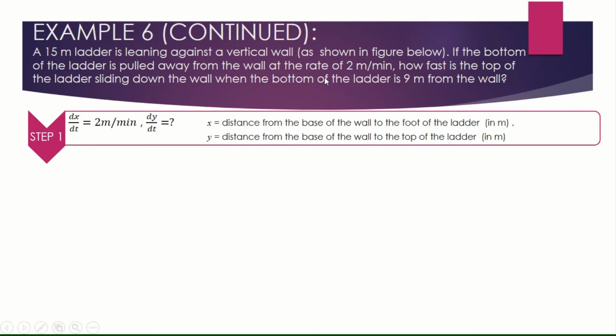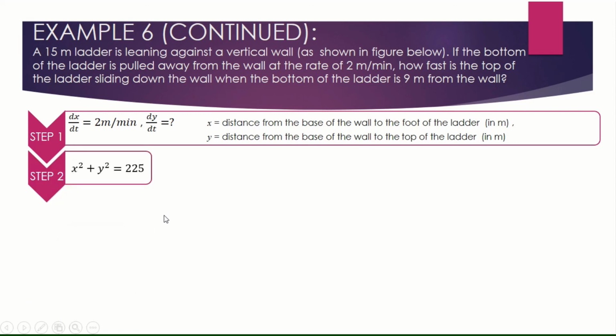Given in the question, the ladder is pulled away from the wall, so x is away from the wall. We write dx over dt is 2 meters per minute, and we want to find dy over dt, where x is the distance from the base of the wall to the foot of the ladder, and y is the distance from the floor to the top of the ladder. This is the plotted figure.